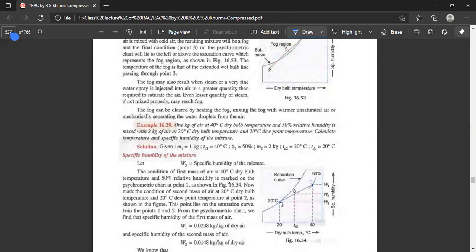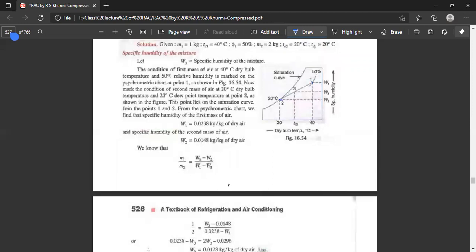Now mark the condition of the second mass of air at 20 degrees centigrade dry bulb temperature, at point 2 as shown in the figure. This point lies on the saturation curve. Join points 1 and 2 here, and from the chart we find the specific humidity of the first mass, W1, and that of the second mass, W2.